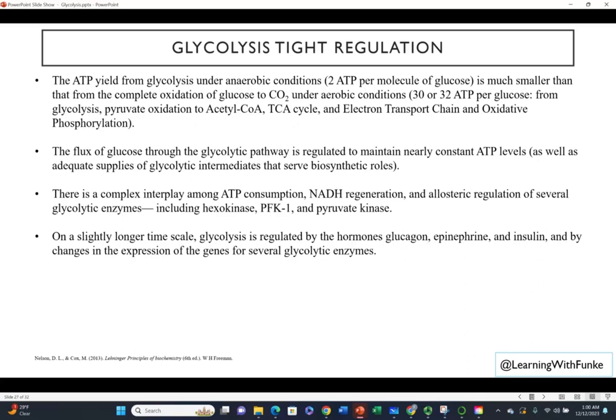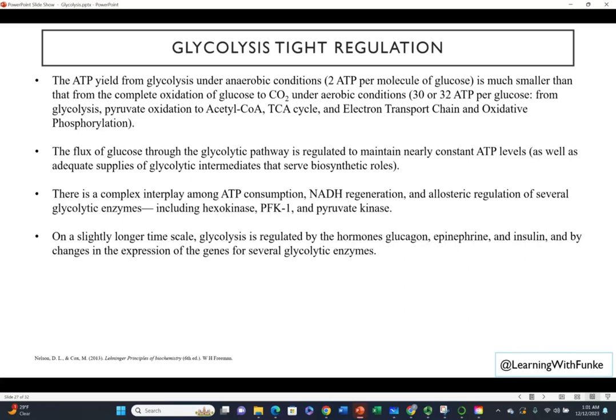Because we talked about how pyruvate, acetyl CoA, these important glycolytic intermediates go into other pathways, the ribose 5-phosphate pathway, the glycogen pathway, and all these other pathways that produce intermediates and compounds that are useful for our cells. That also ties into why we need to tightly regulate this.